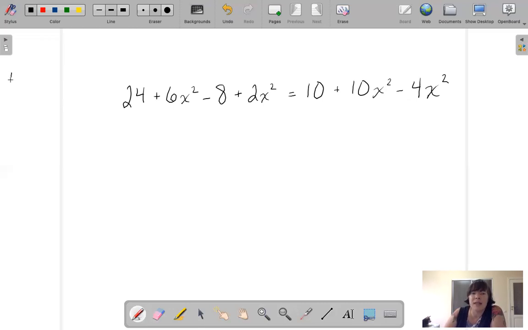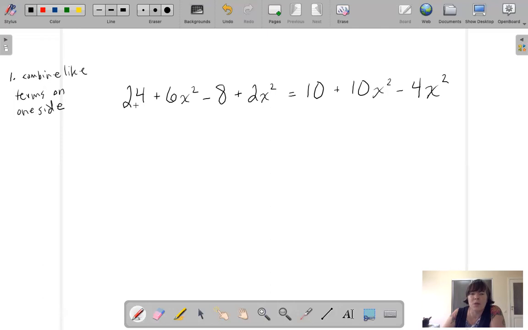Okay, the first step is to combine like terms on one side.